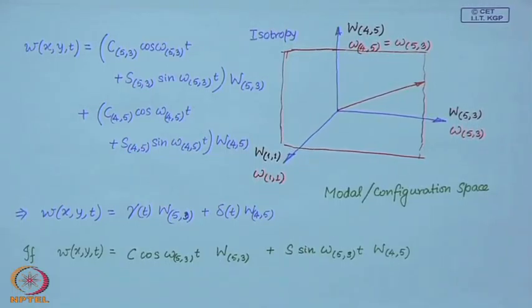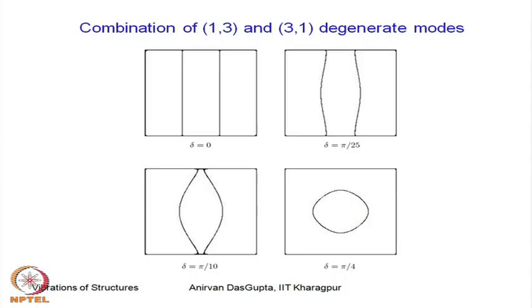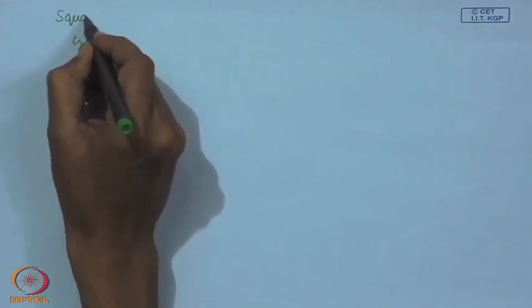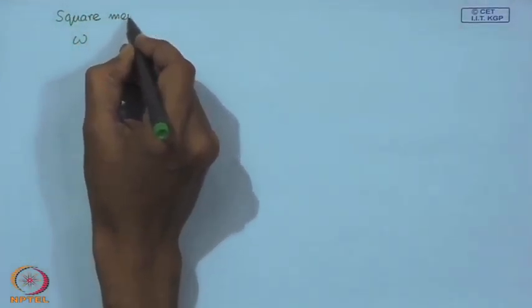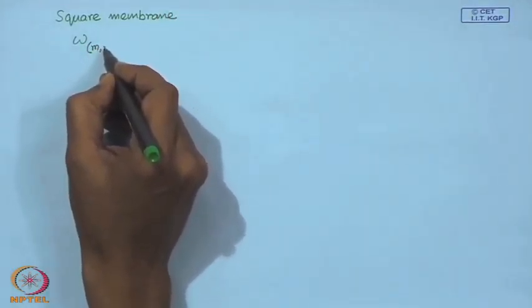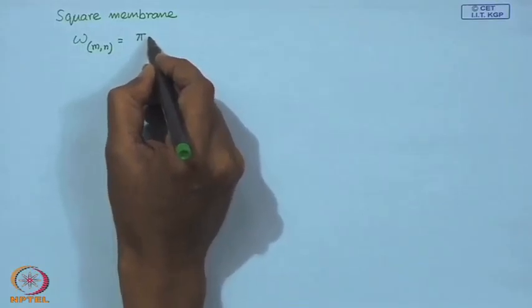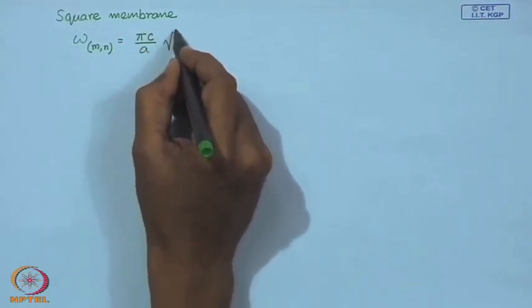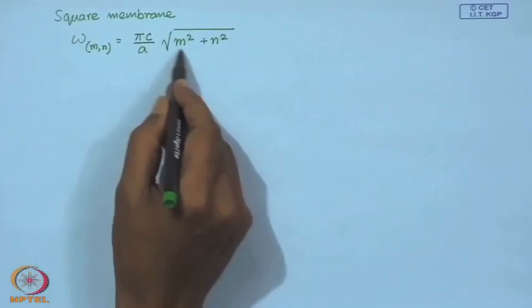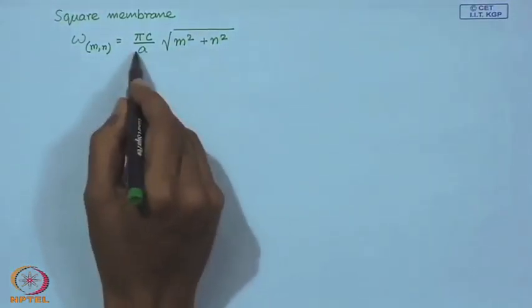So, in this picture I have shown this for a square membrane. Interestingly, for the square membrane, with side equal to a, in that case this is m square over a square, n square over a square. So, that comes out.